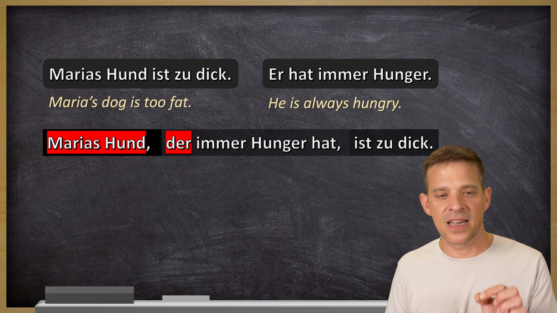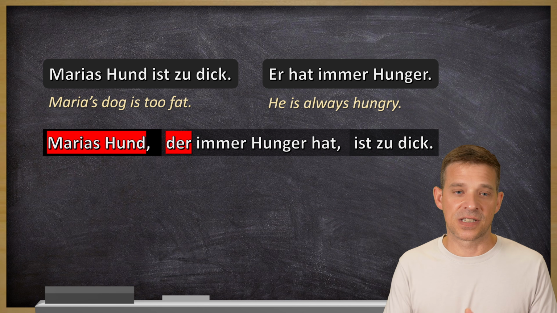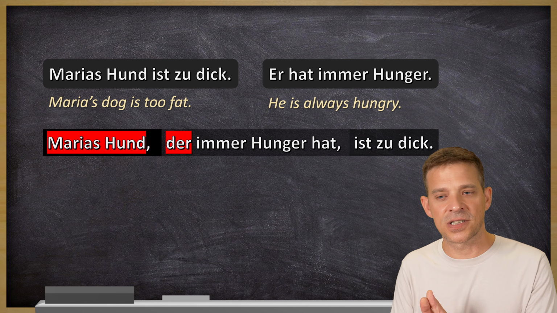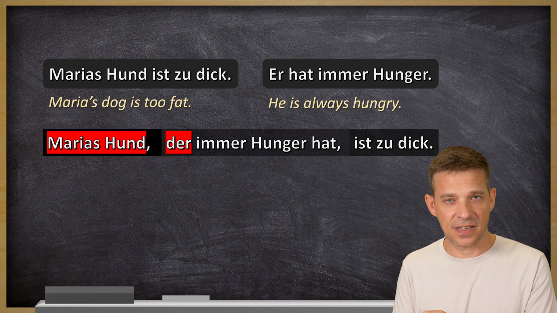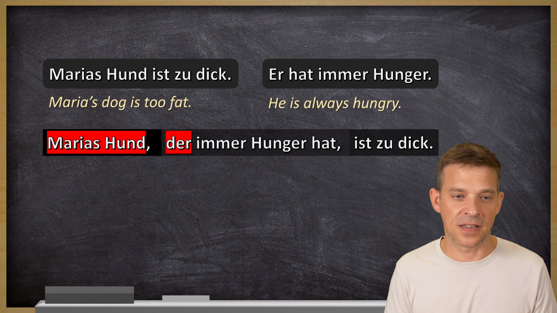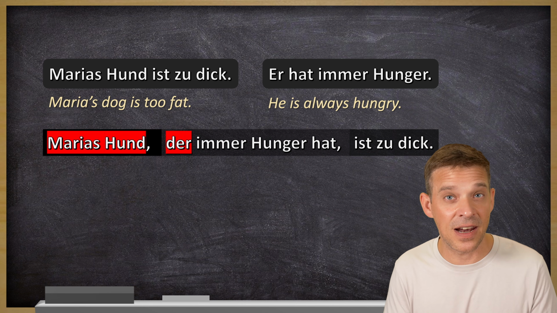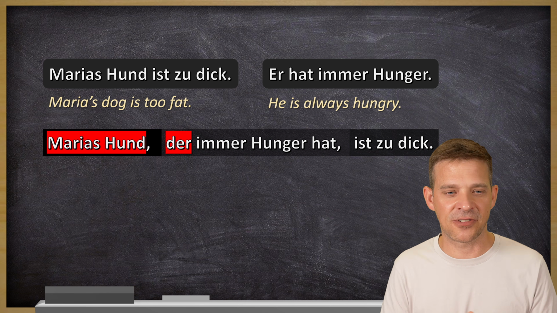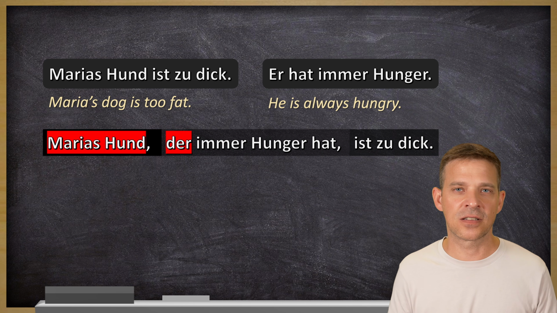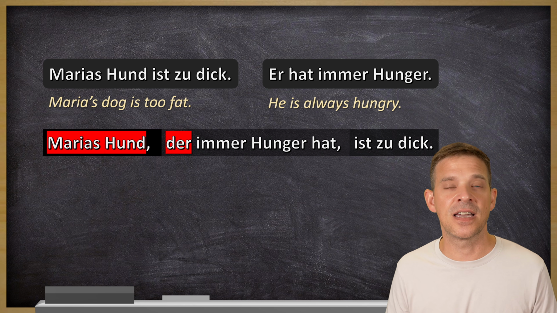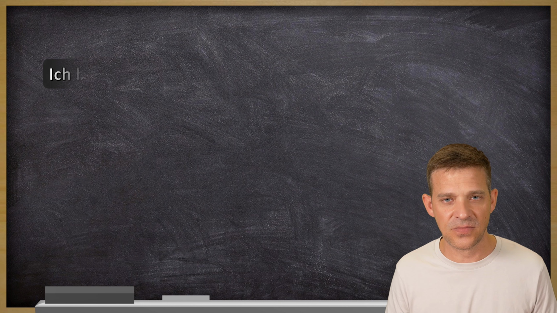Here we have Marias Hund, which is the subject of the main clause. Marias Hund ist zu dick, that's the main clause. And in the relative clause, the embedded relative clause, we have this der immer Hunger hat. Der here is also the subject in nominative case.